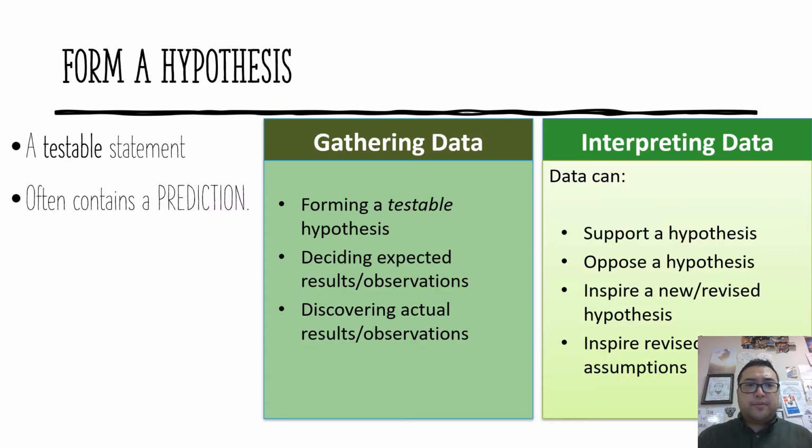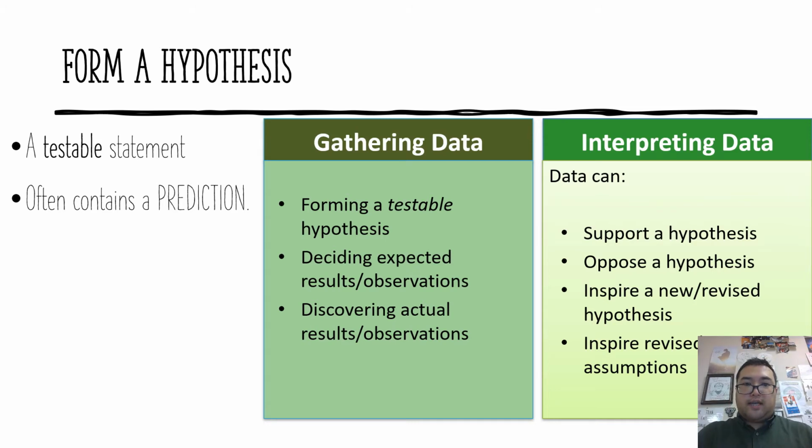So the most important part of the testing ideas is the formation of a hypothesis. A hypothesis is basically a testable statement, or like I like to call it, a yes or no statement. It often contains a prediction. So an example of this would be: sunlight increases the stem length of a plant.